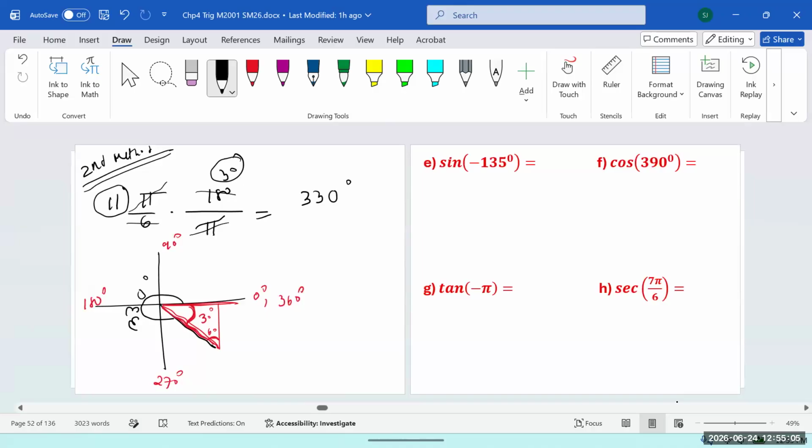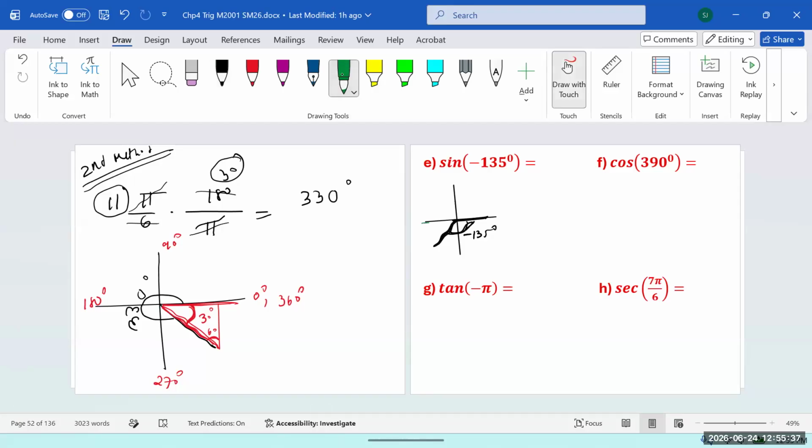Now, -135. Negative means you're walking clockwise, not counterclockwise. So let's walk our x, y; we start our journey from 0 degree, we go 90 degree, and then we go more. It's definitely less than 180, right? So we stop here. This is -135 degree.